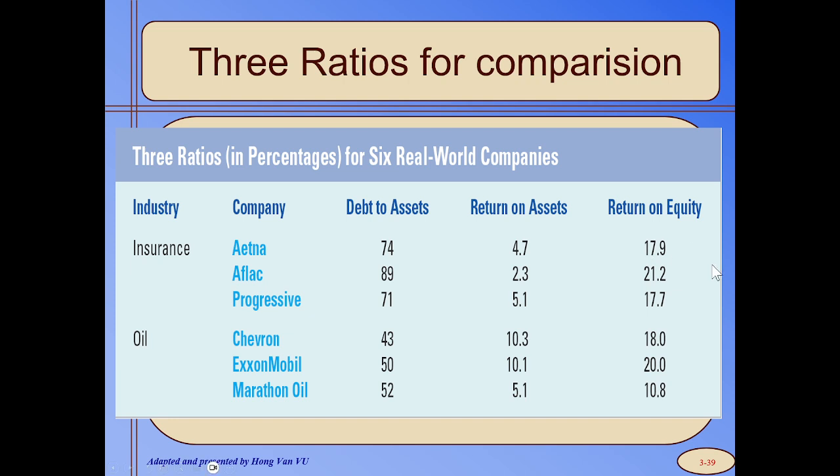The return on equity ratios, however, show a different picture. Aflac was 21.2% and Aetna was 17.9%, much better than what banks pay on deposits. The exhibit shows that ExxonMobil's return on assets ratio was more than 4 times higher than Aflac's, 10.1% versus 2.3%.